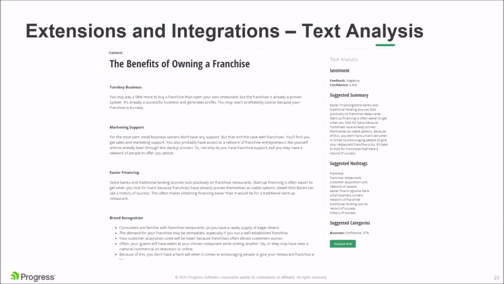Azure has a similar service, I just happened to pick a different one for this, using MonkeyLearn to help us identify the content on the page, in this case a news article, and giving us the sentiment of the article: is it a negative sentiment or a positive? Actually, in this case, it happens to be negative. So maybe we want to restructure the focus of the article to be in a more positive light.